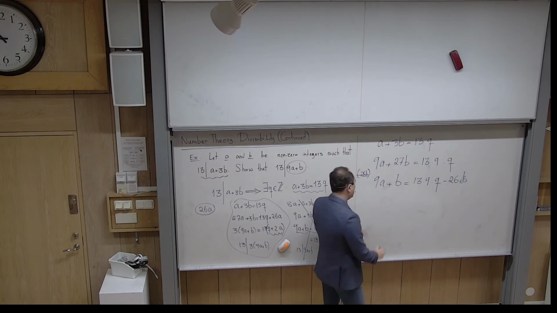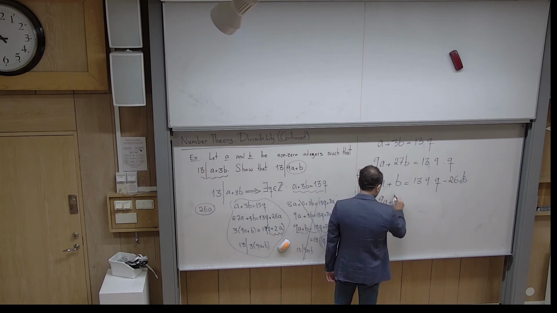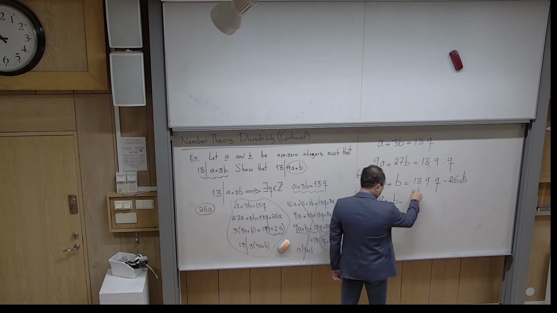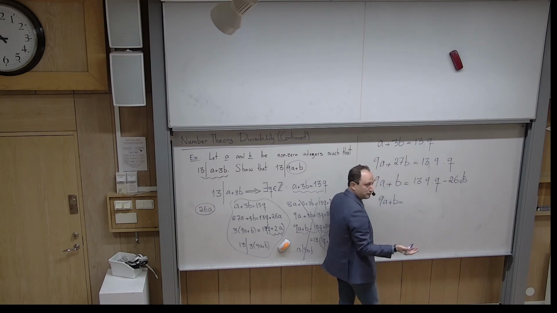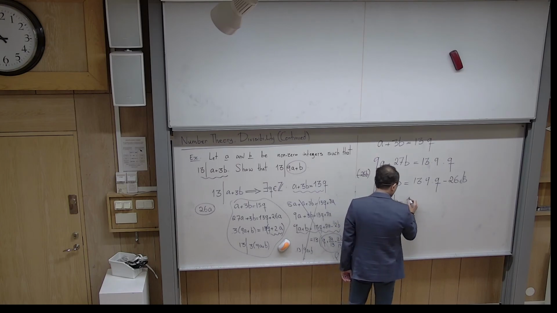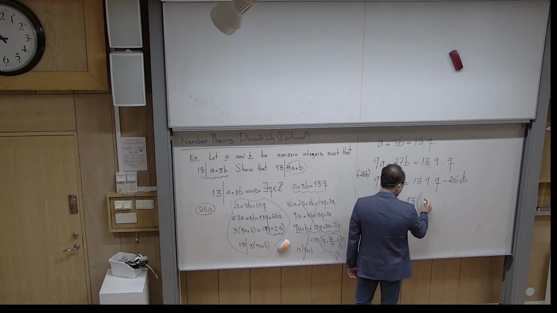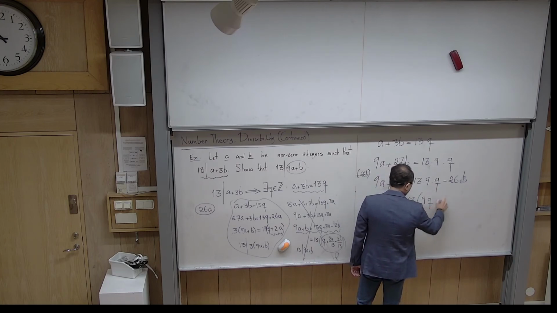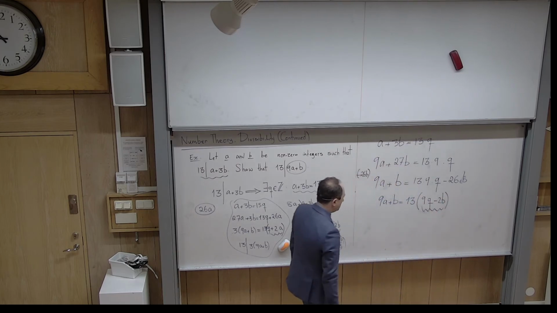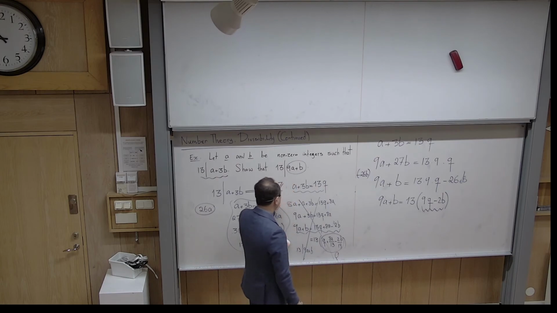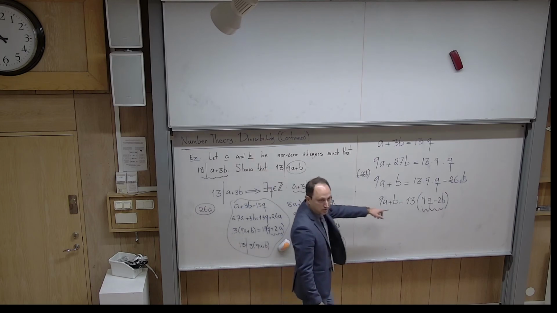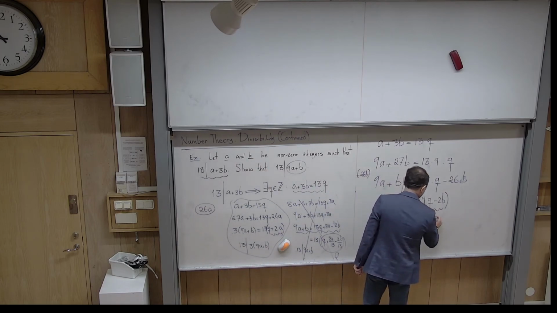Because on the left-hand side, I have this combination. On the right-hand side, I can have a factor of 13. So I can pull it out. Then 13 is out, 9q is left, and then minus 2b is left. But can I guarantee that this is an integer? Yes, because q is an integer, b is an integer, so that combination is definitely an integer.